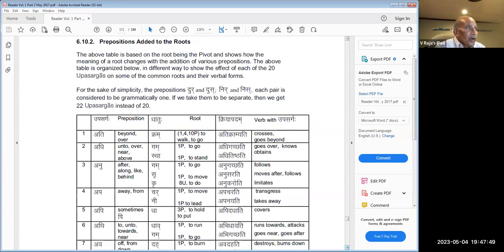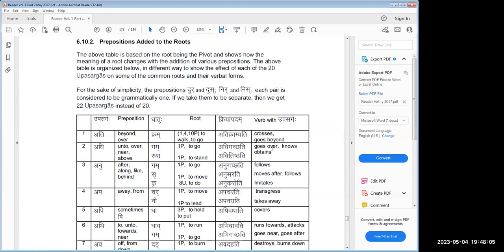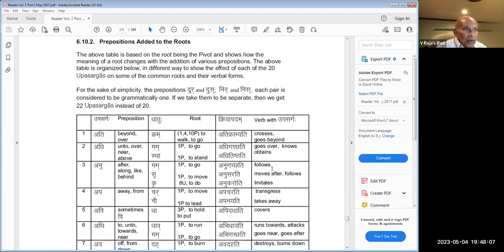Then I gave a bunch of roots with prepositions added. What's the meaning of the root, and what is a common verb with the root, and what's the verb with upasarga meaning.